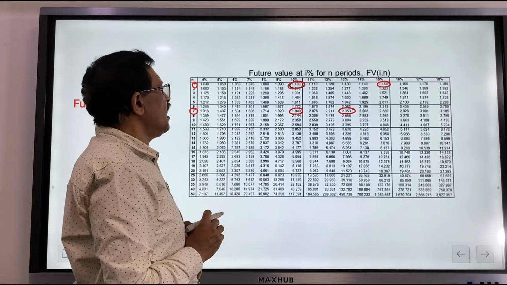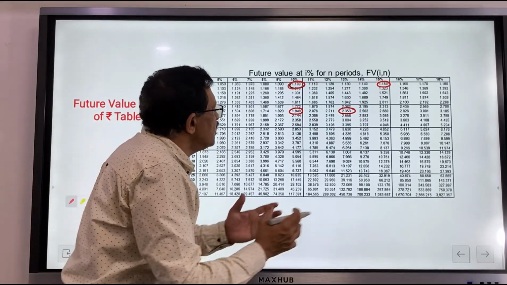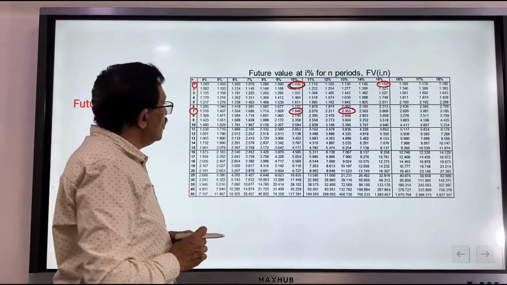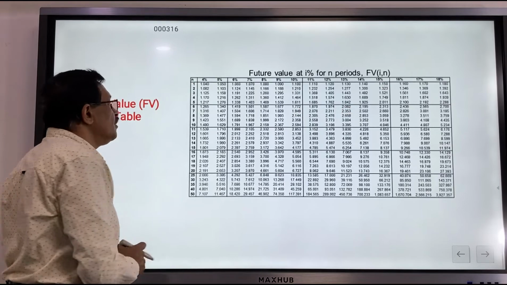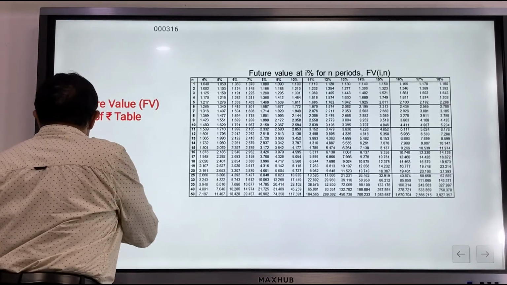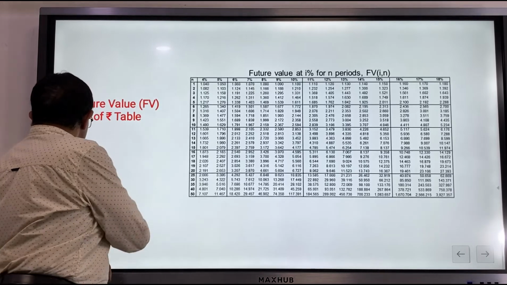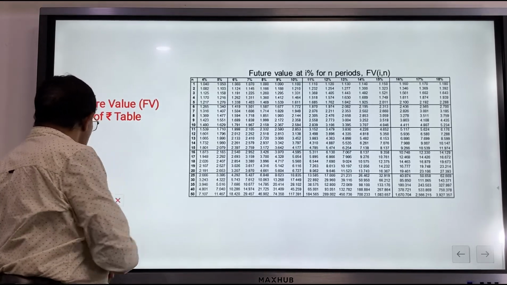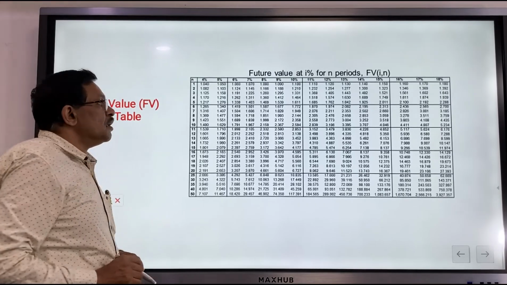So this table can be very useful to compute the maturity values given the present values.